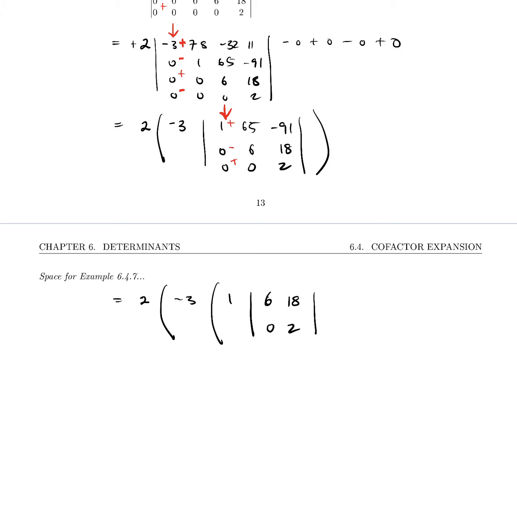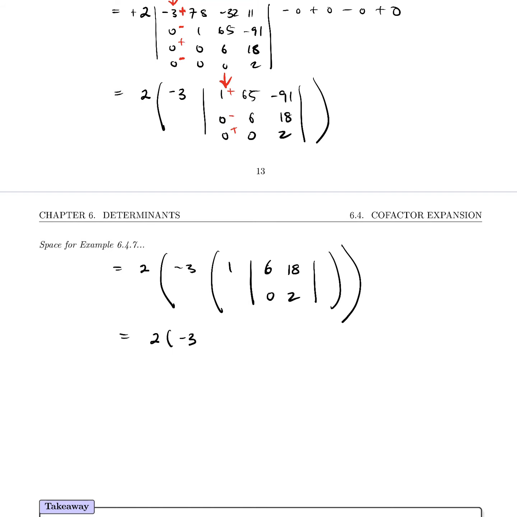Now, again, I'm not going to multiply. So 2 times minus 3 times 1, and this is 6 times 2, which I would normally just write as 12, minus 0, right? 0 times 18. So 2 times minus 3 times 1 times 6 times 2.